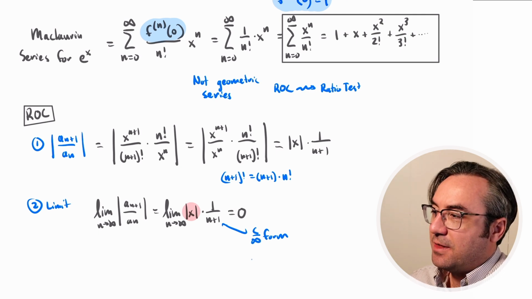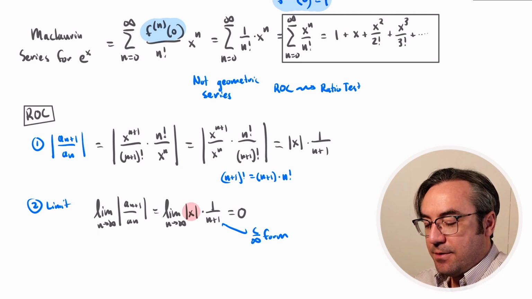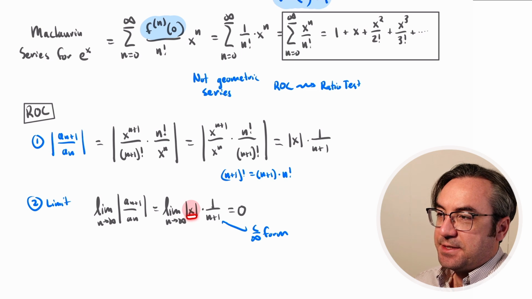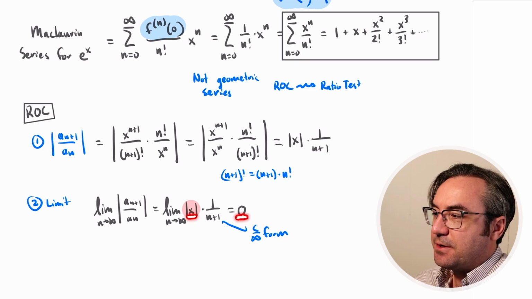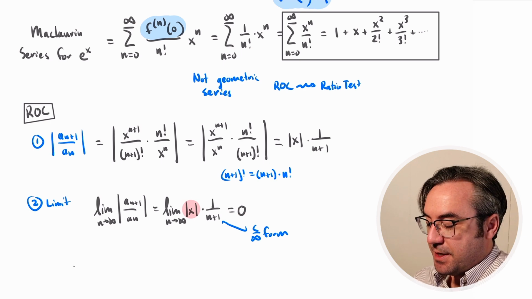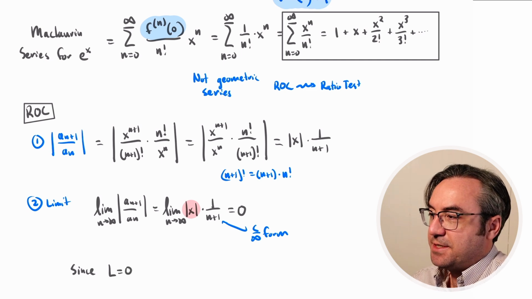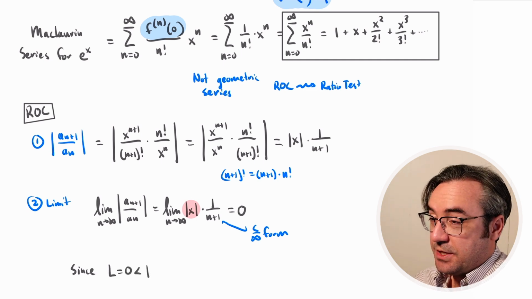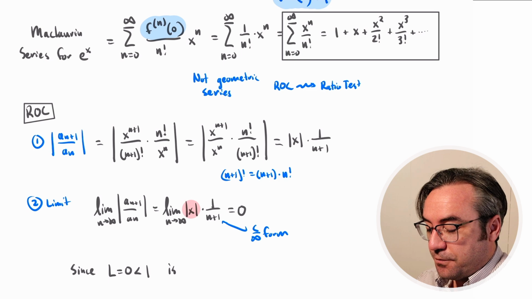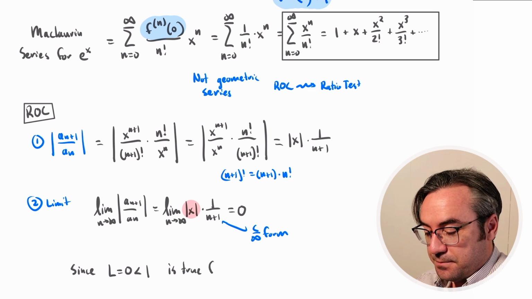So we figured out our limit. And what this says is no matter what x value you plug into this, your limit's always going to be 0. So what we found is that since the limit L from our ratio test is always 0, that's always going to be less than 1, this is true for any x value.